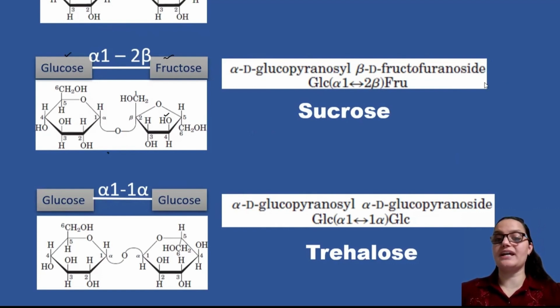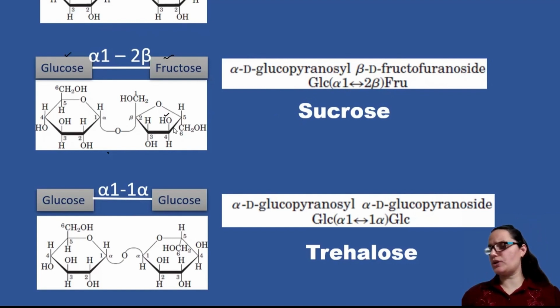Fructofuranoside, glucopyranoside. Here also the carbon number 1 is involved, right? So there is no hemiacetal carbon. Here there is no hemiketal carbon. If the hemiketal carbon would have been free, then we would have named it as fructofuranose, right? But over here that has not happened.